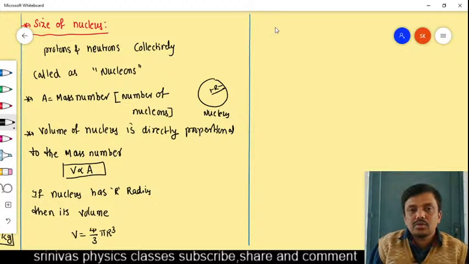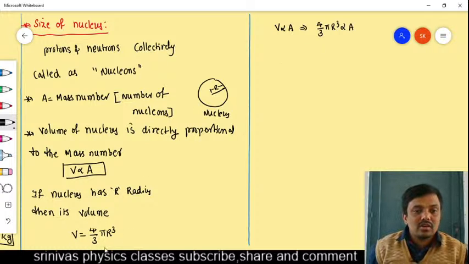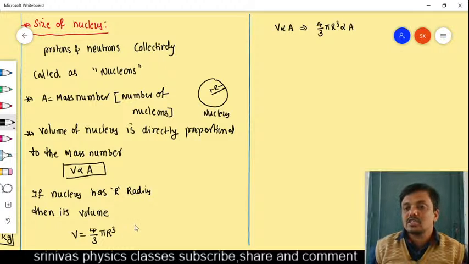V proportional to A. What do we write? V is 4 by 3 pi r cube, right? 4 by 3 pi r cube proportional to A we write. And 4 by 3 pi is a constant. Why are we writing the volume of the nucleus as 4 by 3 pi r cube? We are taking R as the radius. The nucleus is just like a sphere.